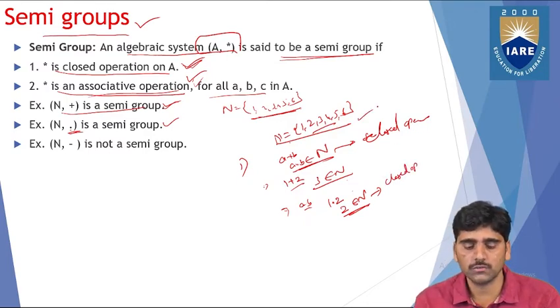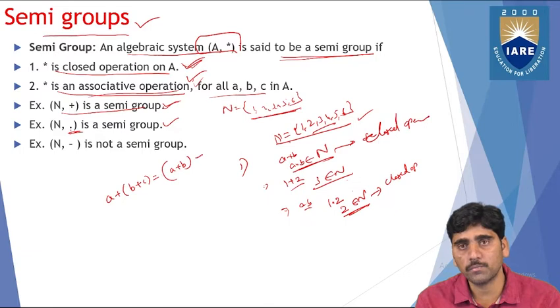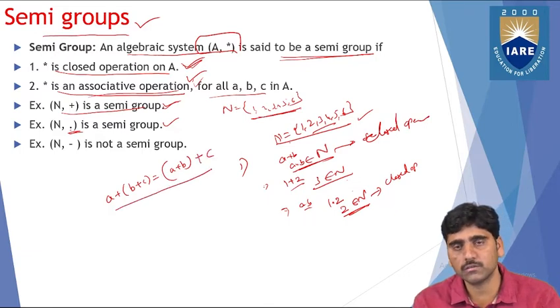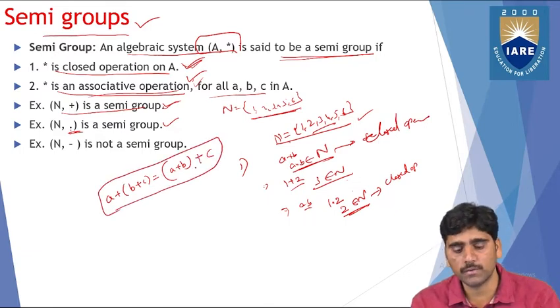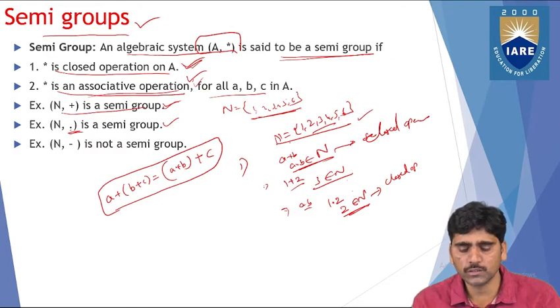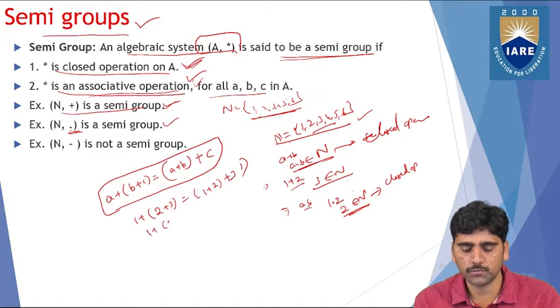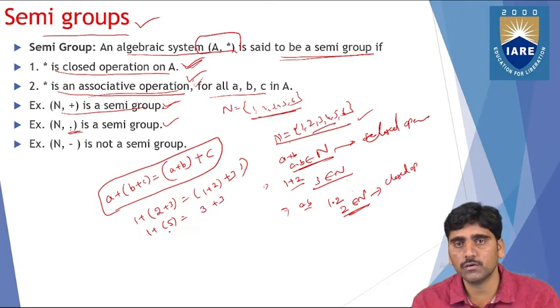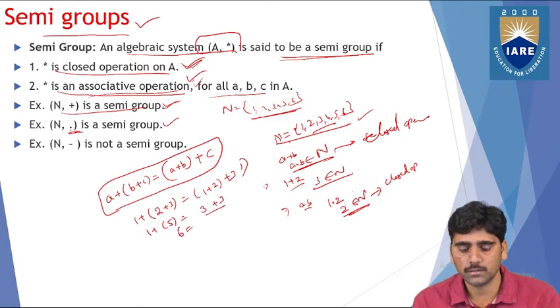Similarly, associative. Associative means a plus (b plus c) equals (a plus b) plus c. So what is the value of 1 plus (2 plus 3)? 2 plus 3 is 5, and 1 plus 5 is 6. And (1 plus 2) plus 3: 1 plus 2 is 3, and 3 plus 3 is 6.